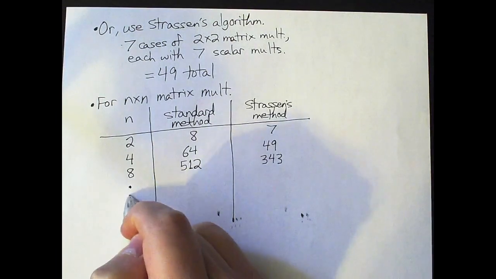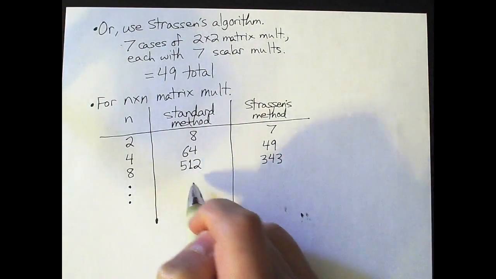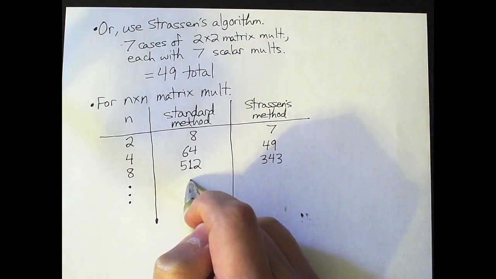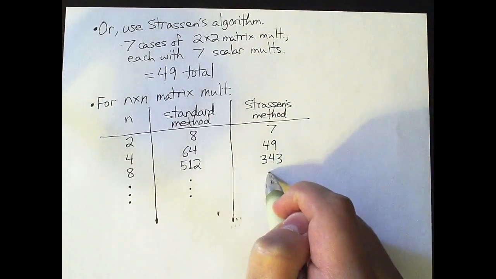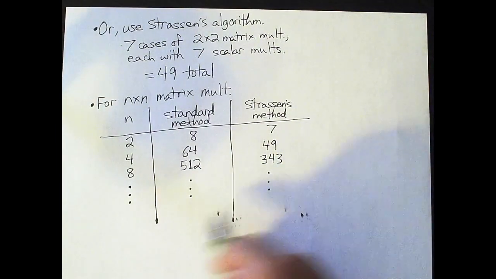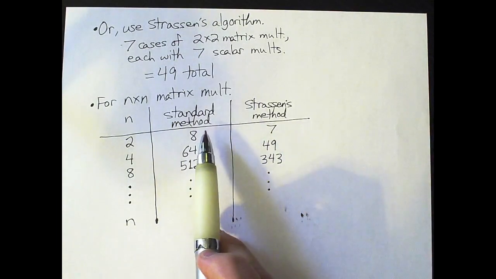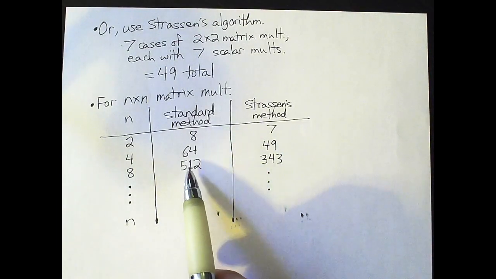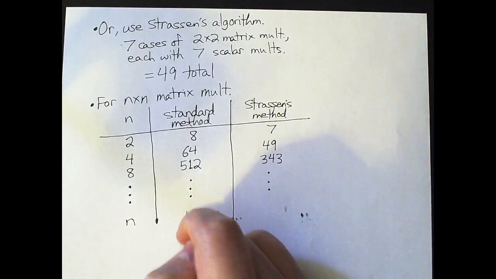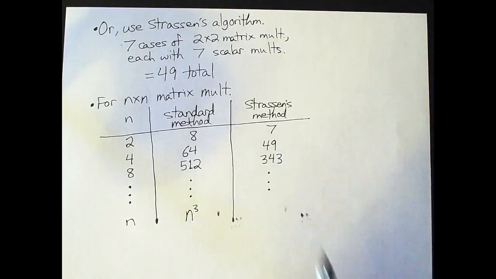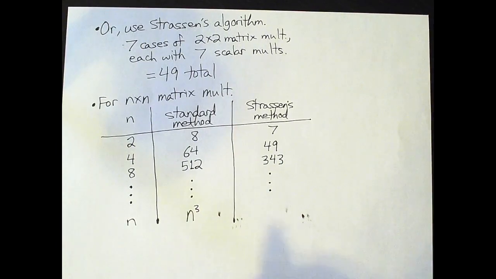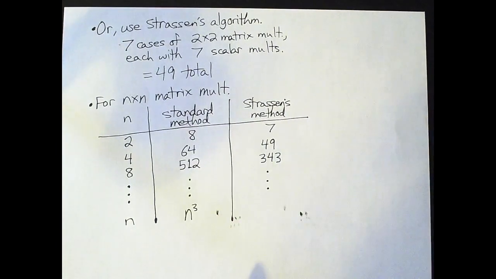Kind of a recursion. So what happens when you get all the way to n, just being more general? Well, look at this pattern of numbers, 8, 64, 512. What we're really getting is n cubed. It takes n cubed multiplications in the standard sense.